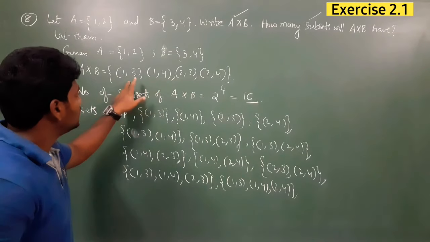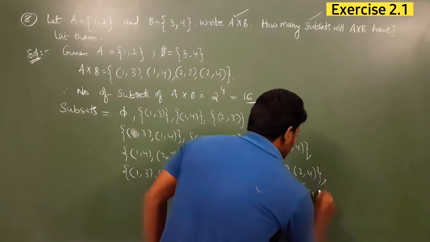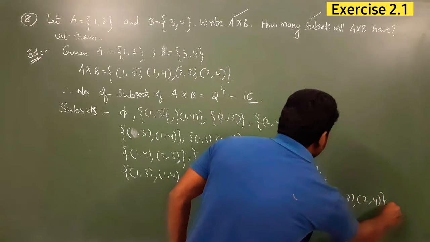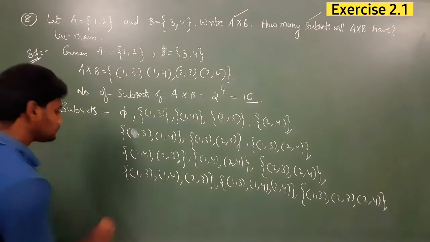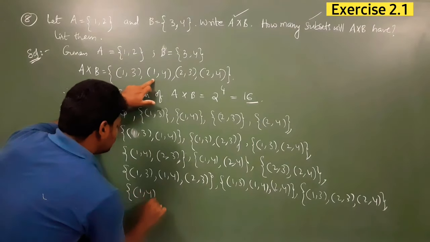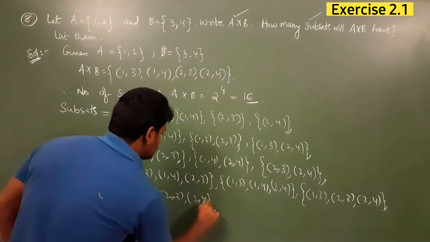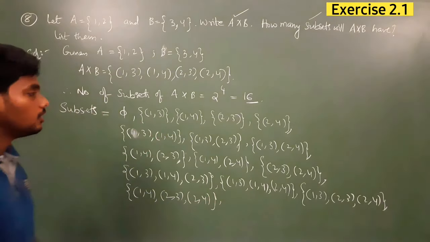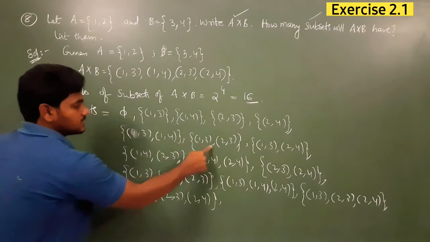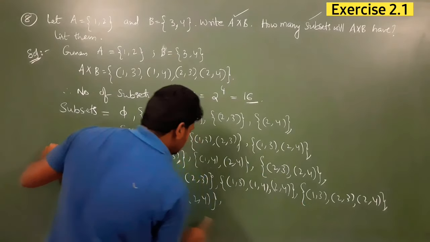First these 3 over, next these 3 over, next {(1, 3), (2, 3), (2, 4)}. This is one sequence. Next {(1, 4), (2, 3), (2, 4)}. Now you see how many I have written? 1, 2, 3, 4, 5, 6, 7, 8, 9, 10, 11, 12, 13, 14, 15.